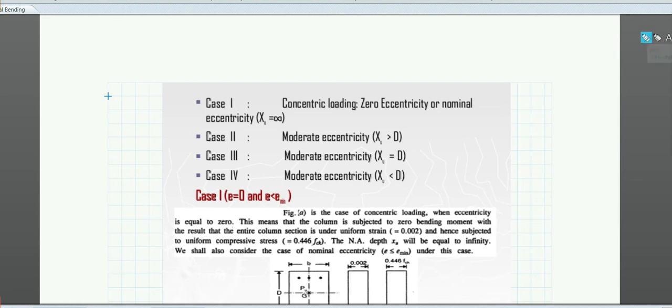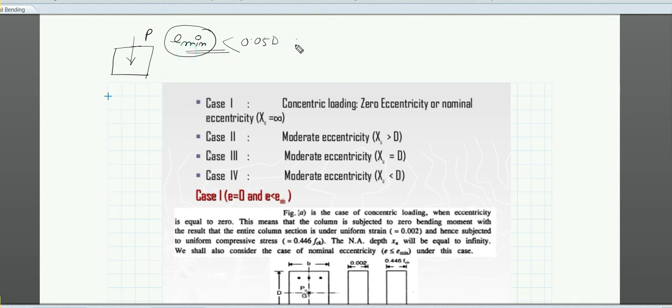That means so far what we have discussed is a short rectangular column, where there is only point load P, and we have taken care of minimum eccentricity e minimum, and we have seen that in most of the cases the minimum eccentricity lies well below 0.05 times the lateral dimension.